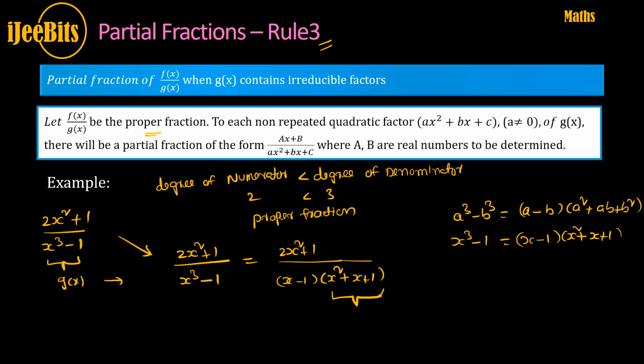So in this case you have to apply this method. For this particular term you have to use Ax plus B by ax square plus bx plus c to resolve this. For the other one you can apply rule number 1, and for this you apply rule number 3, in order to get the partial fractions for the given proper fraction. Okay, let's see a few sums.